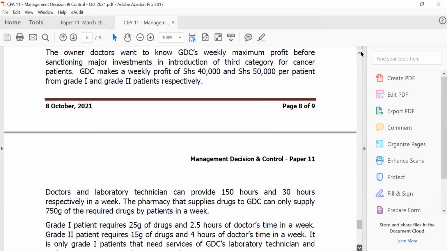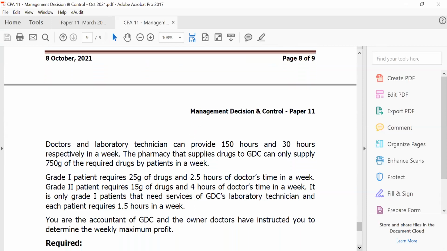So the next thing we're going to do is come here and look at this other information. They have told us that doctors and laboratory technicians can provide 150 hours and 30 hours respectively in a week. The pharmacy that supplies drugs to GDC can only supply 7,650 drugs of the required drugs by the patients.